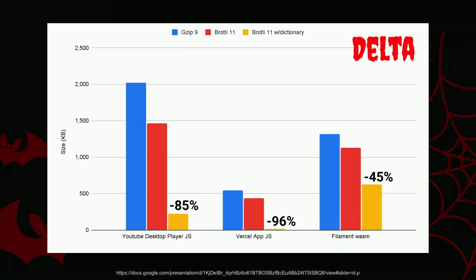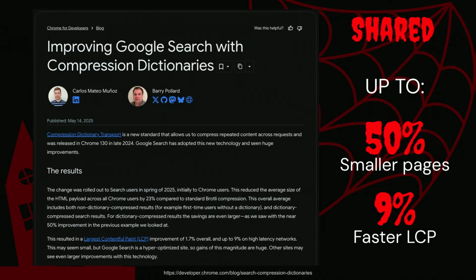Initial results from Patrick Meenan show up to 96% reduction in size. Google is actually deploying this into production right now. On the search page, they get up to 50% smaller pages and 9% LCP improvements on Google search. Okay, very impressive.